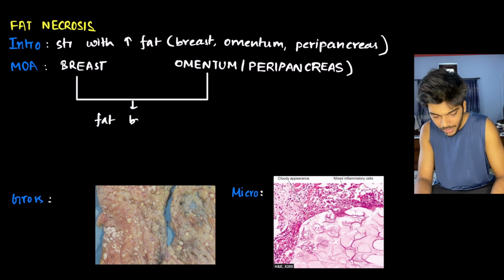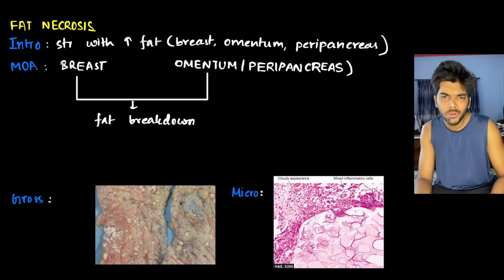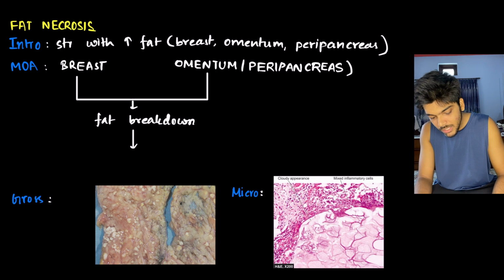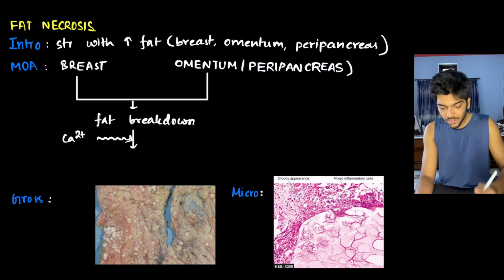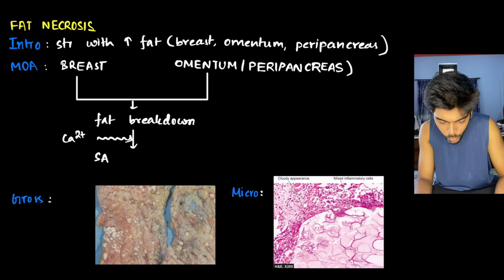Fat breakdown. What happens when fat gets broken down? Fat gets broken down into fatty acid and glycerol. What happens when calcium combines with fatty acid? It forms calcium salt of fatty acid. What is that called? That's a soap. Have you not learned the process of saponification in chemistry?